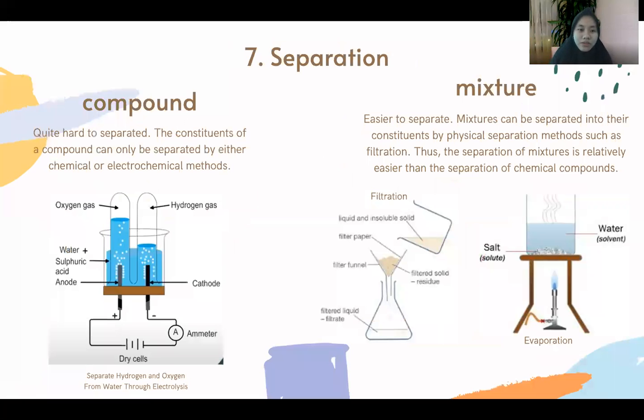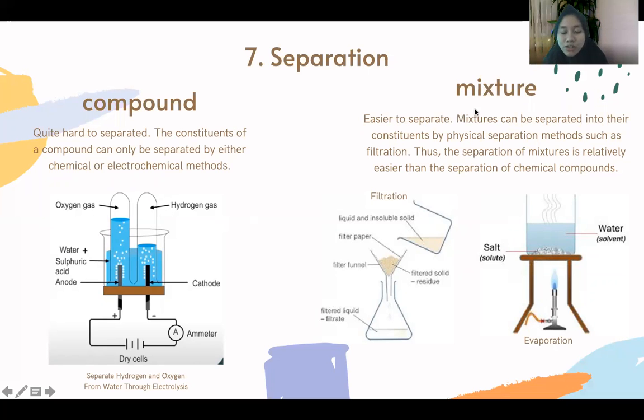For the separation of compounds, it's quite hard to separate. A compound can only be separated by either chemical or electrochemical methods. If we want to separate water, we can separate it by using electrolysis, and we can separate the water into oxygen and hydrogen.